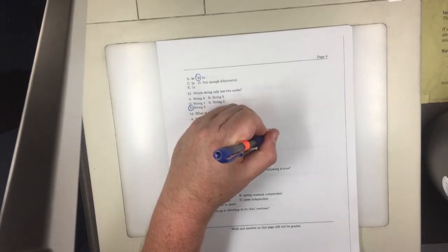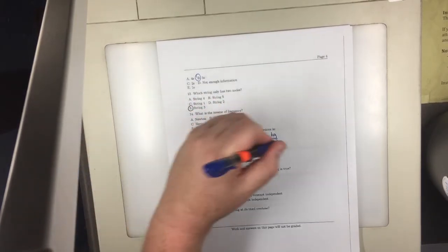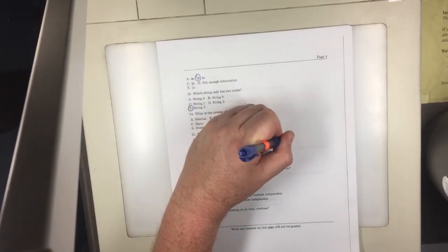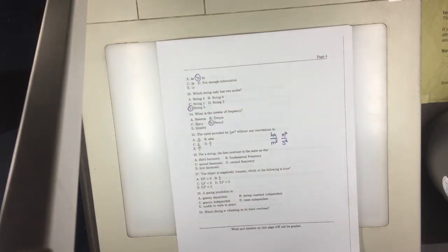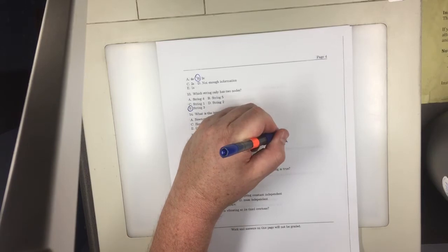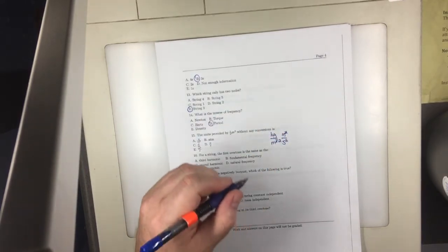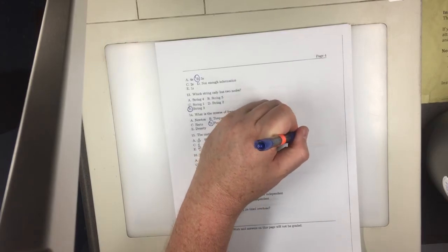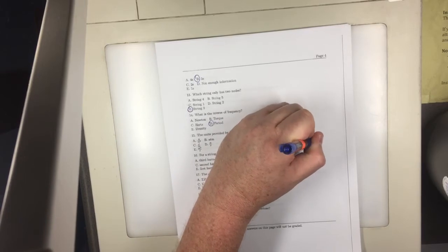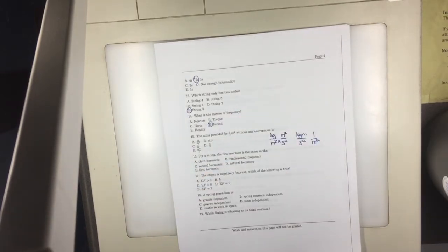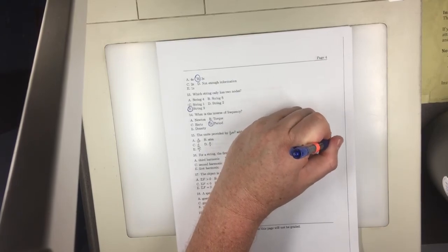Rho, kilograms per meters cubed, velocity squared, meters per second squared. So I'm going to cancel one of these, and I'm left with kilograms, meters, second squared. Gives me this, which leaves me with newtons per meter squared.